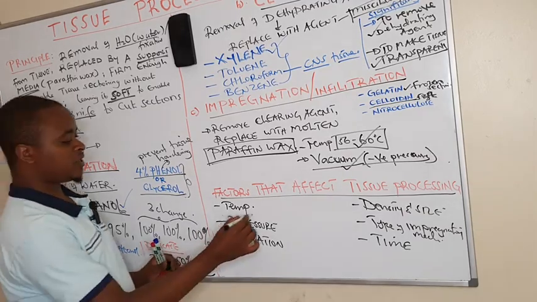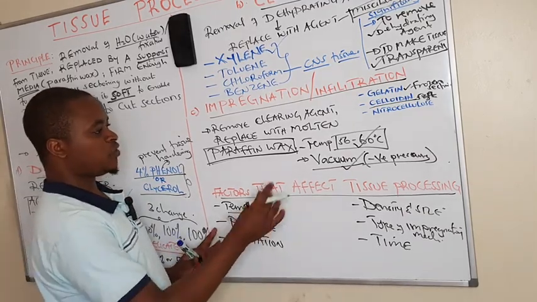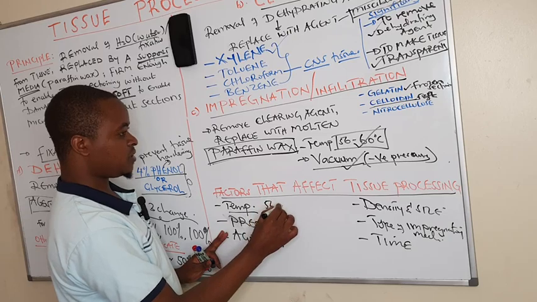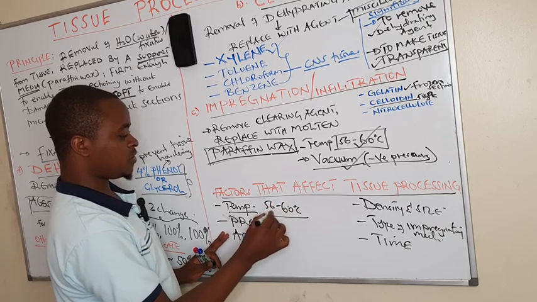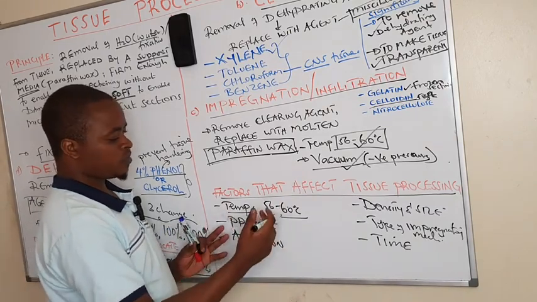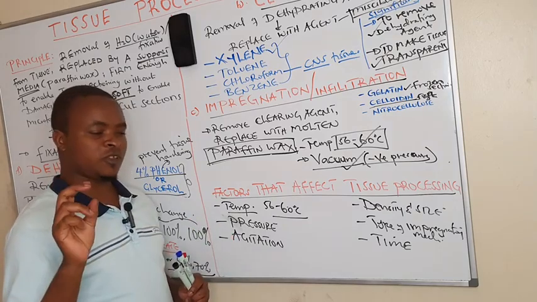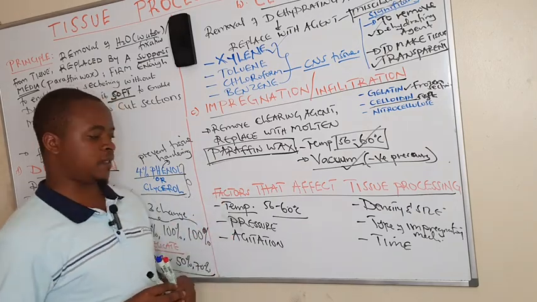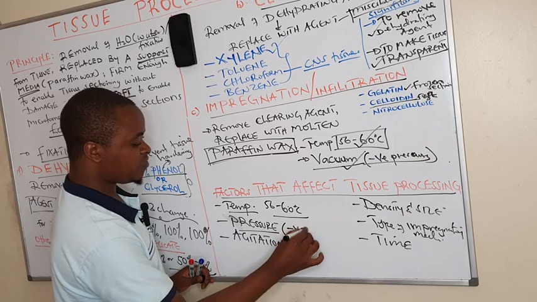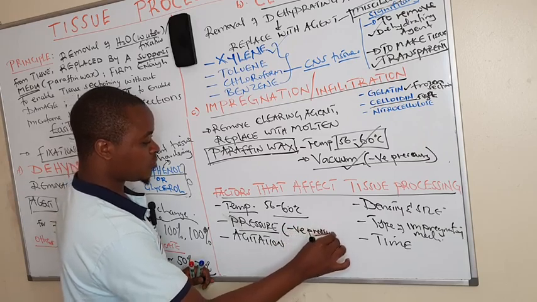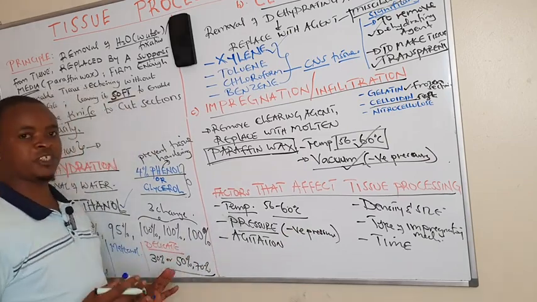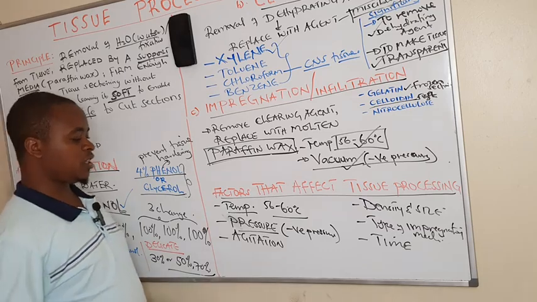And the temperature, we have said the best one during infiltration is between 56 degrees to 60 degrees. Below it will result in raw infiltration, and above it can cause brittleness. Then pressure, we said for faster, it should be negative pressure or under vacuum. When you provide vacuum or negative pressure, the rate of impregnation is faster.